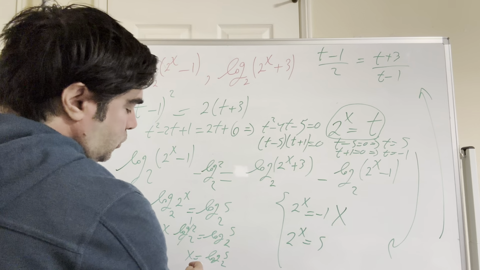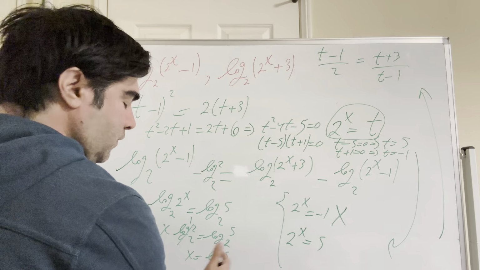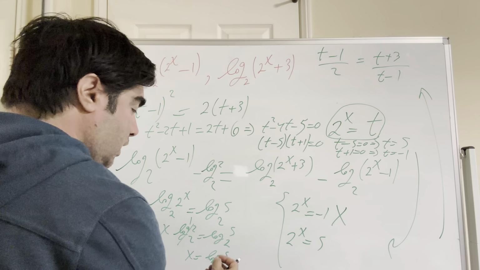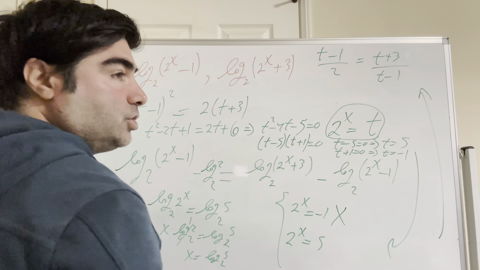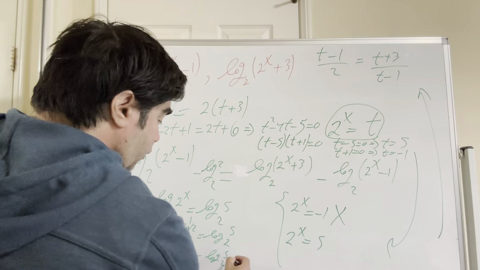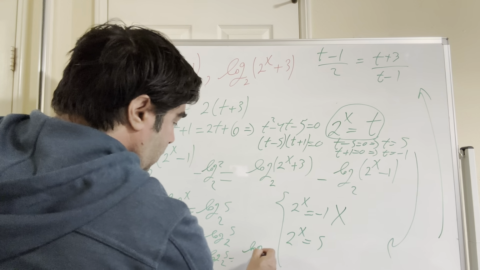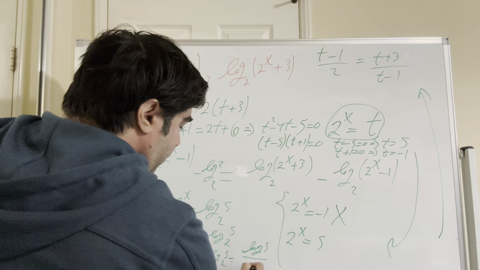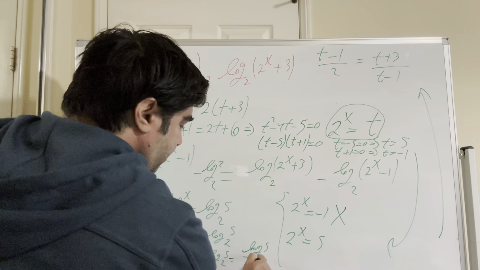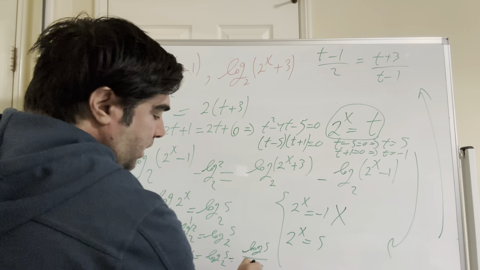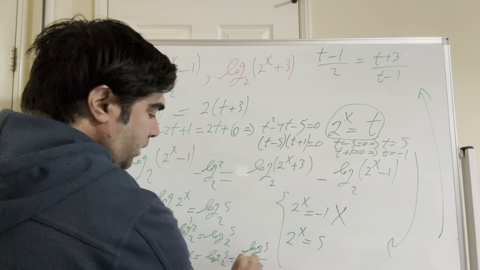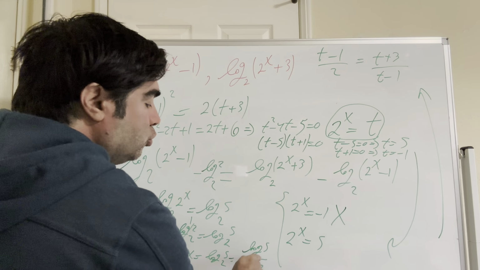You can leave the solution as log of 5 in the base of 2, but if you want to get a precise solution, you're going to use the change of base formula. So I'm going to write this as log of 5 over log of 2. The bases can be any base as long as they're the same. I'm going to choose 10. And usually in log with the base of 10, you do not write the 10.